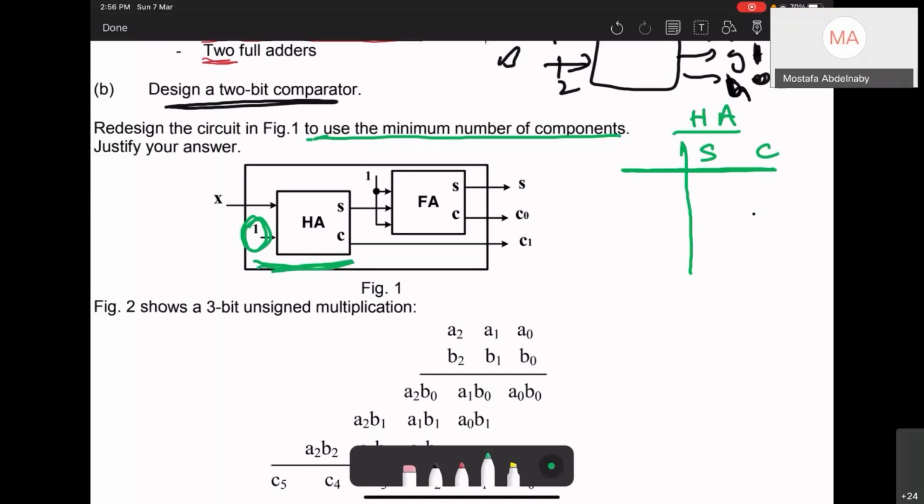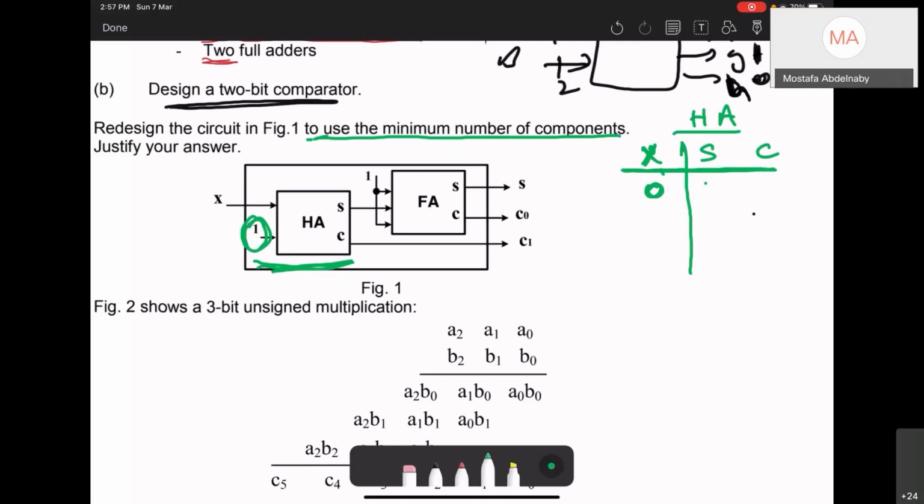So we have just one input that changes, which is X. The other one is constant, it is 1. So I can just put X here. If X is 0, what is S? 1 and carry 0.